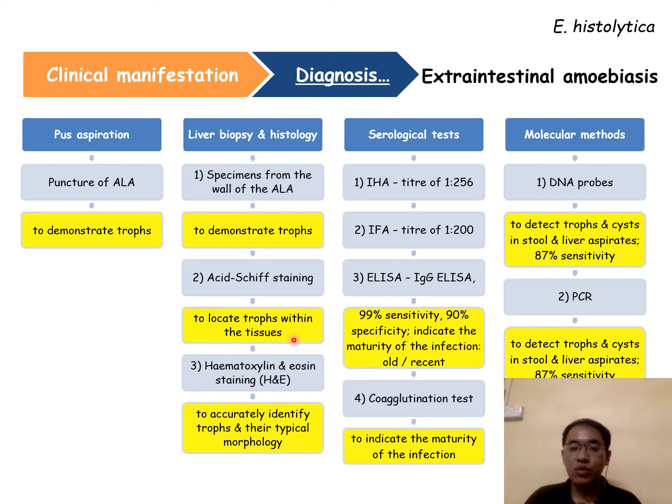Usually the accuracy of the test is 99% sensitivity and 90% specificity. So if we are able to obtain the pus aspiration, we can also detect parasite-specific DNA in the pus samples by using PCR.